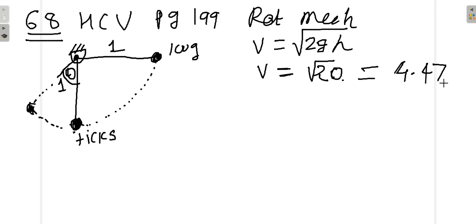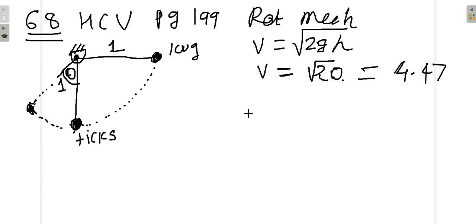Okay. So what is the momentum imparted? The momentum imparted to the system will be m into v, right? And due to this momentum imparted, the system is going to acquire a new velocity.